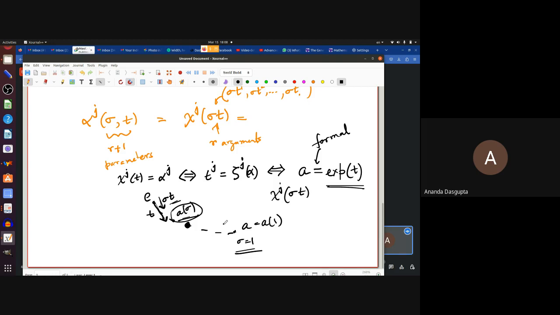A of sigma is a point which I reach in this particular OPS, starting with the tangent vector t, when the parameter is sigma. But I will also reach the same point when sigma is 1 if, instead of starting with the tangent vector t, I started with the tangent vector sigma t.